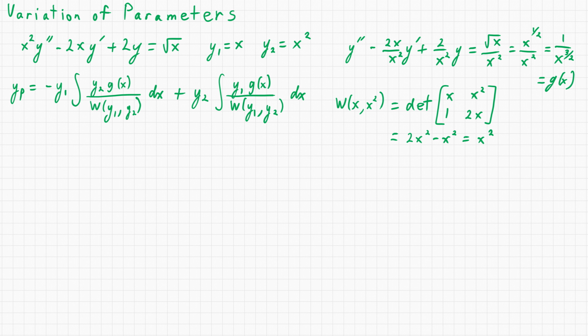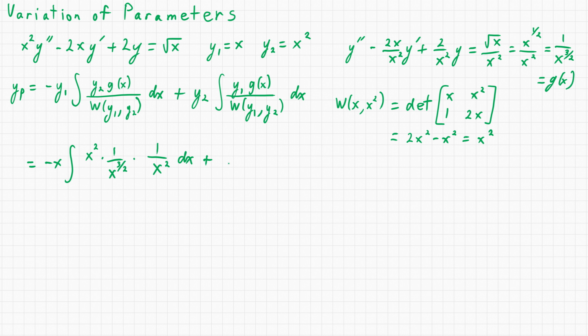All right, so now let's go ahead and just plug stuff in. I have to keep in mind that my y1 stays x and my y2 stays x squared. It's got negative y1, so that's negative x times the indefinite integral of y2, that was x squared, times g of x. Well, g of x I'll write as 1 over x to the 3/2, and then times 1 over the Wronskian, so times 1 over x squared, dx.